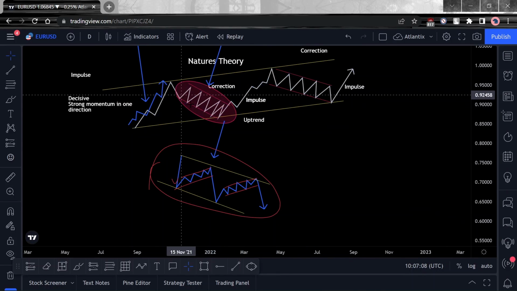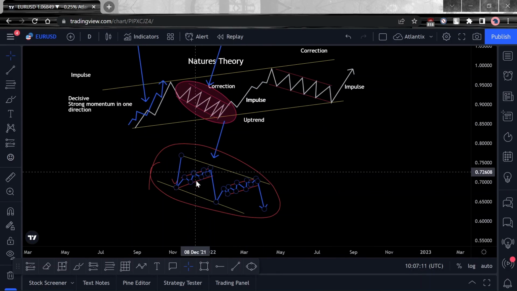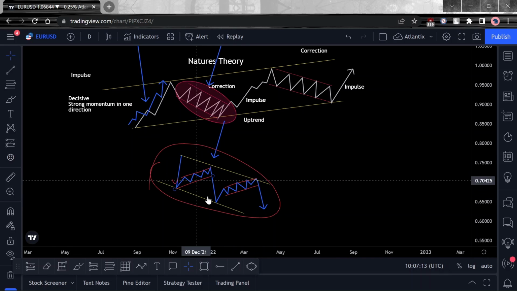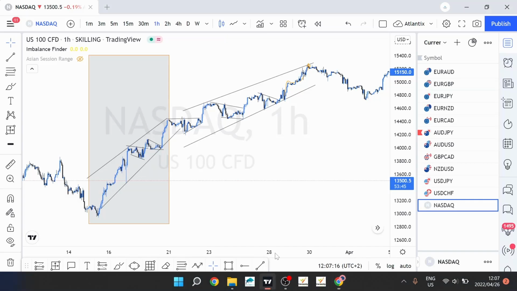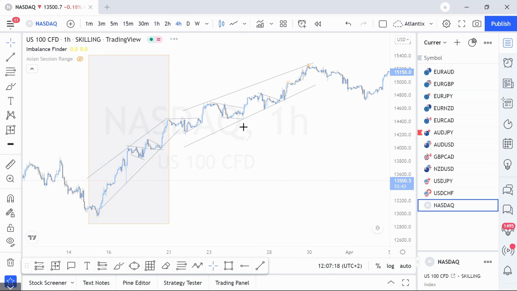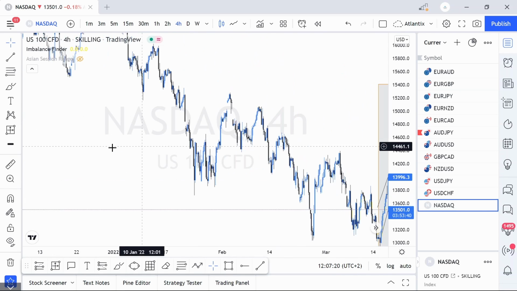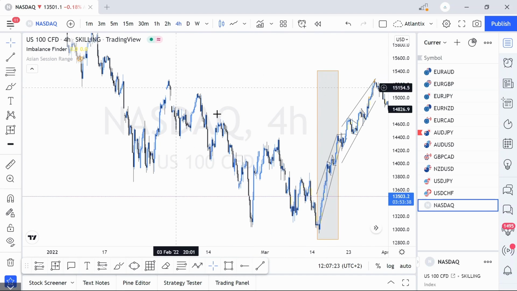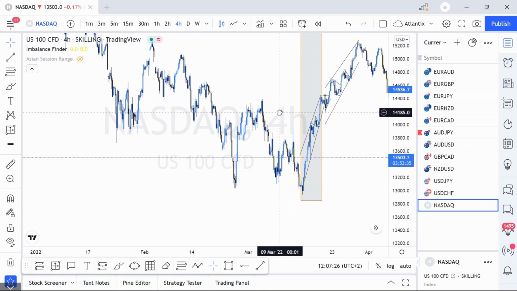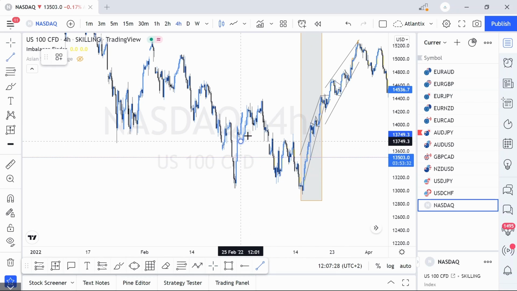But within that correction, you can also identify another trend. And this is what we saw over here on the 4-hour chart, that during this entire downtrend, sometimes you could see there were corrective times within the entire downtrend, right?